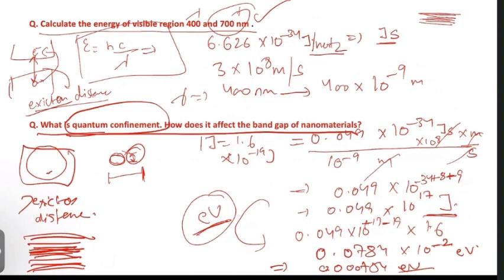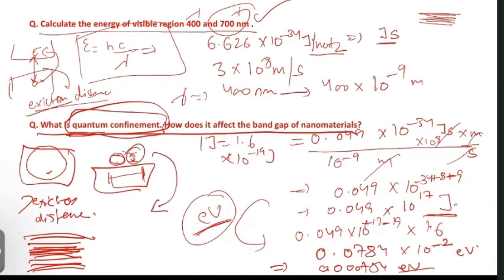It wants to increase the distance between the hole and electron, but since the size is small, it will confine itself into that distance. So this is called quantum confinement.